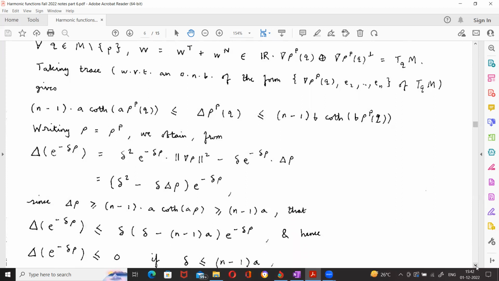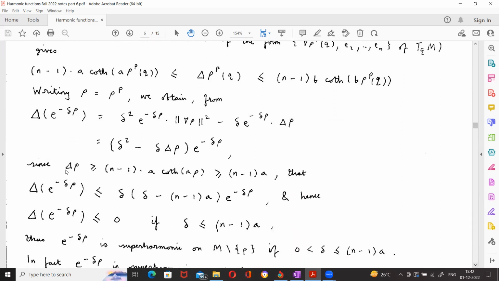And now we can use the lower bound on the Laplacian. This is greater than or equal to (n-1) a coth(a rho). And coth is always bigger than 1 because it's cosh over sinh. So this is greater than or equal to (n-1) a. And so the Laplacian of e to the minus delta rho will be less than or equal to delta times (delta minus (n-1) a) times e to the minus delta rho, right? Okay.